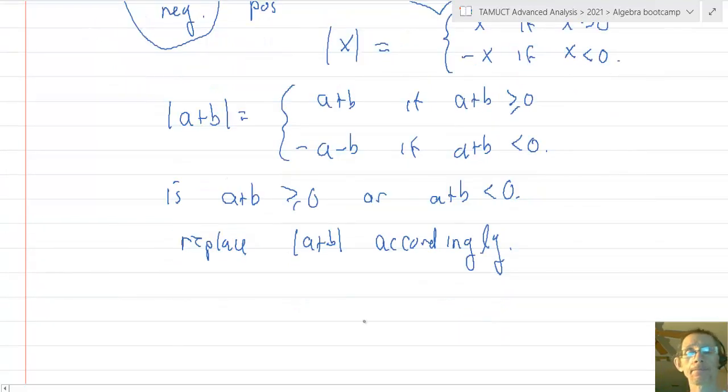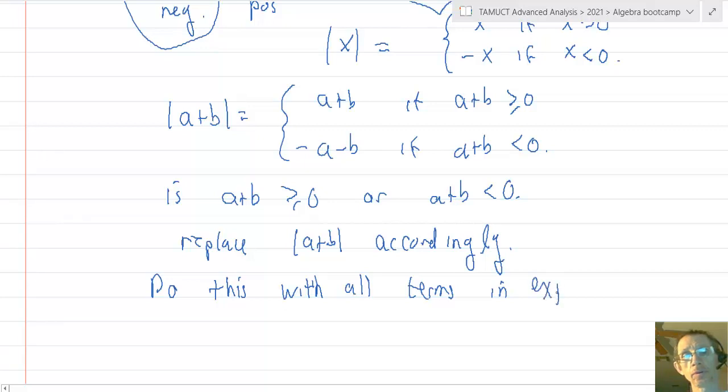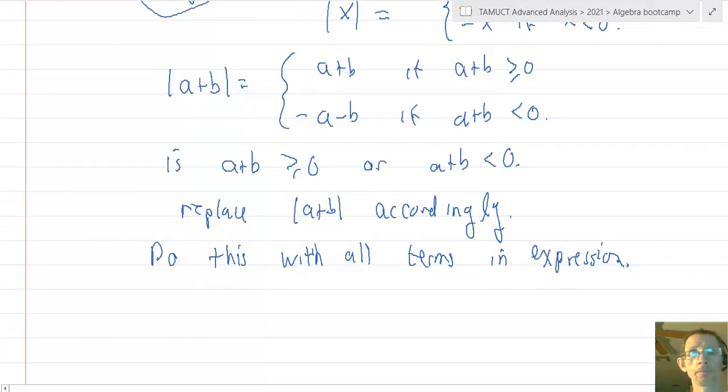All right? And you can do this with all of the expressions, or do this with all the terms in the expression. All right, good. All right, so let's do one more.